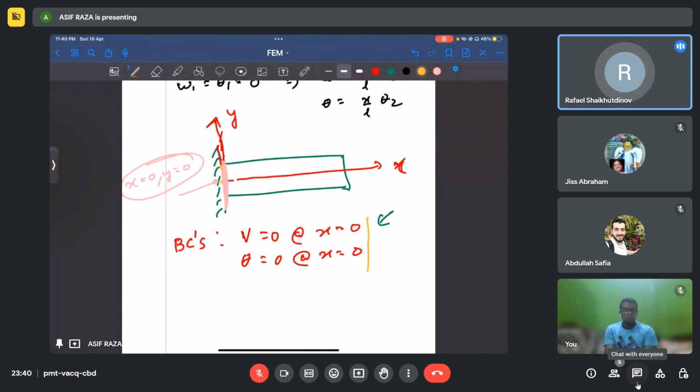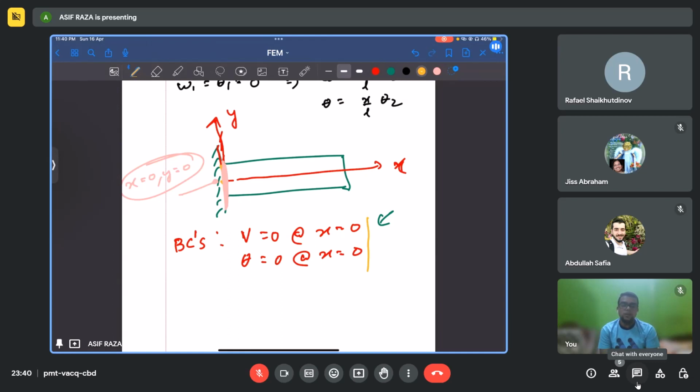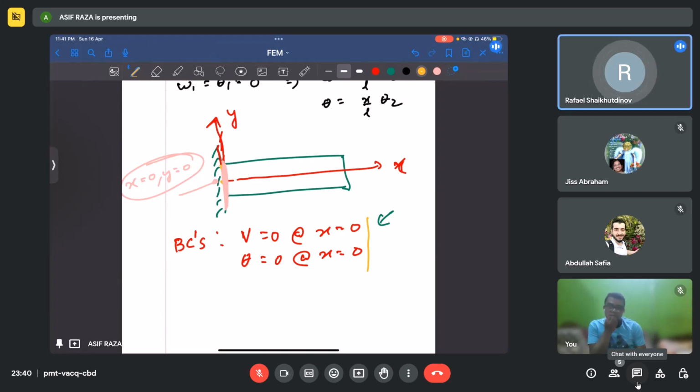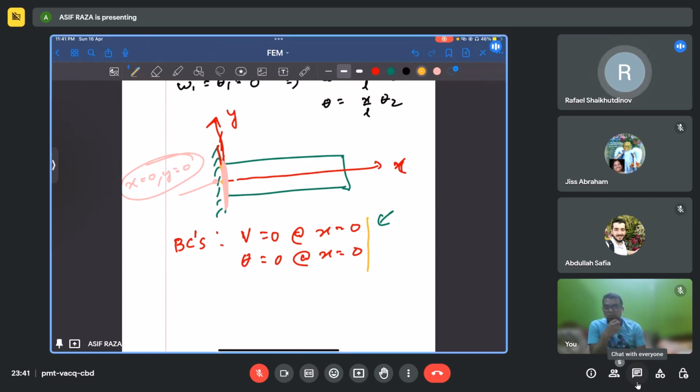So I believe they used the Euler-Bernoulli equation. I asked this question on the forum, but I can't comment because I have not seen those things in the lecture.